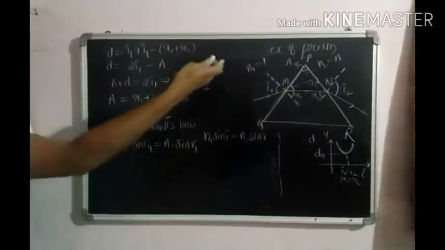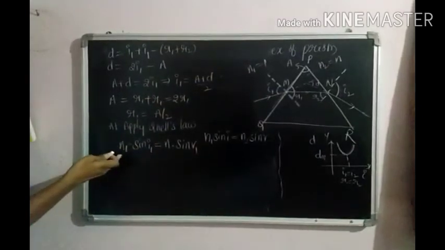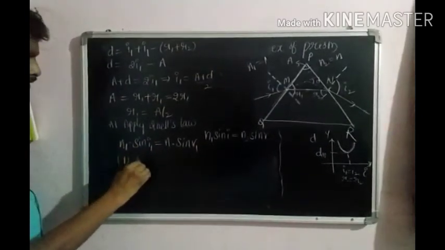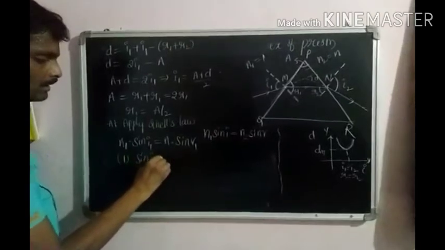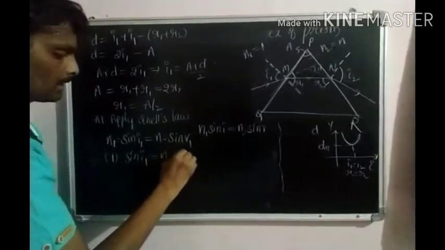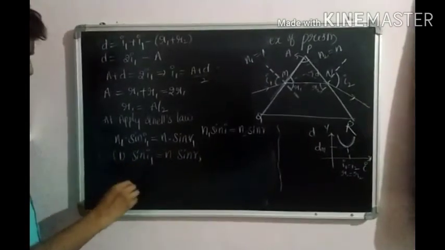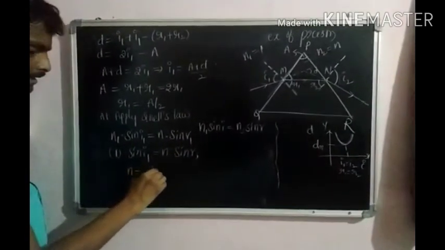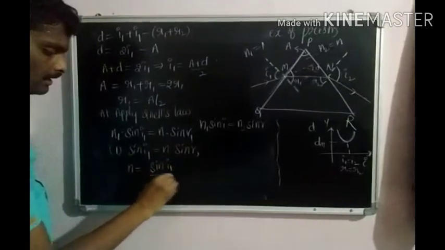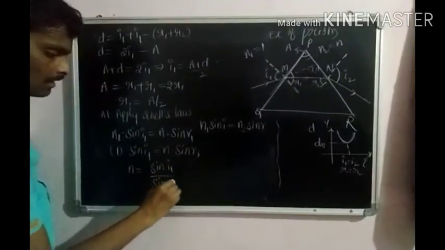The refractive index of air is 1, so 1 times sin I1 equals N times sin R1. Then N equals sin I1 by sin R1.